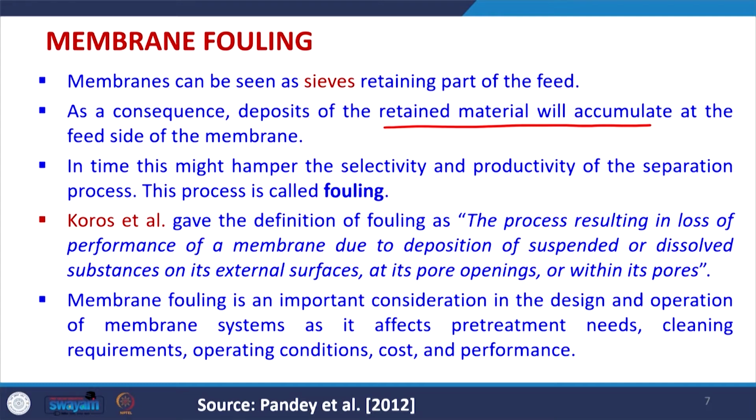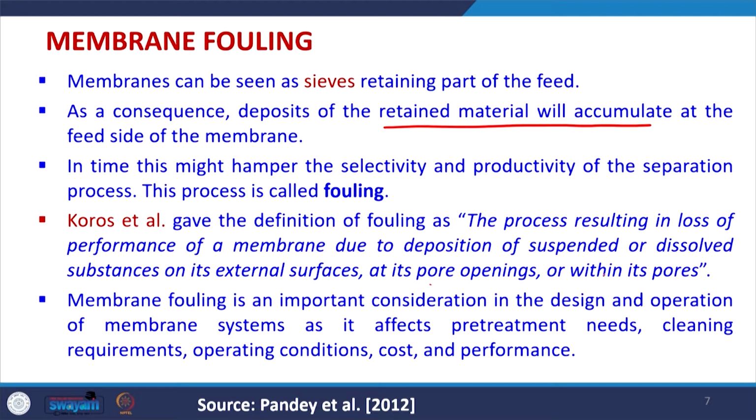Under those conditions the selectivity and productivity of the separation process goes down, and this process is called fouling. The definition of fouling has been given by Koros et al.: the process resulting in loss of performance of a membrane due to the deposition of suspended or dissolved substances on its external surface, at its pore opening, or within its pores.